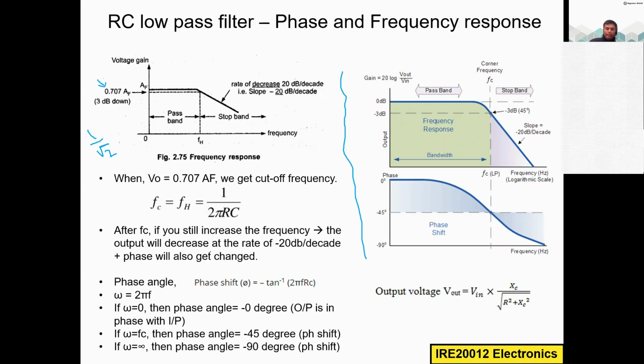The output will decrease at the rate of minus 20 dB per decade. You can see here, this is the cutoff frequency of this low pass filter, and after the cutoff frequency this output is falling at minus 20 dB per decade.